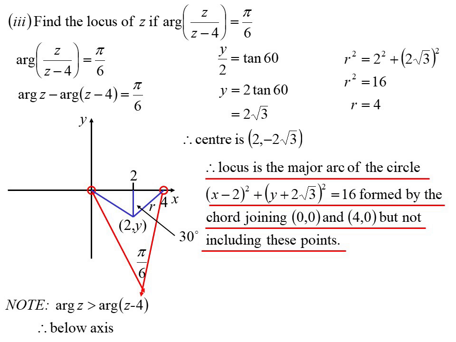So it's the major arc of the circle, x minus 2 squared plus y plus 2 root 3 squared. And I know, because it's below the axis, that the y will always be less than 0. So that would, I guess, be another way of describing that and saying, okay, this is the picture that we're talking about.